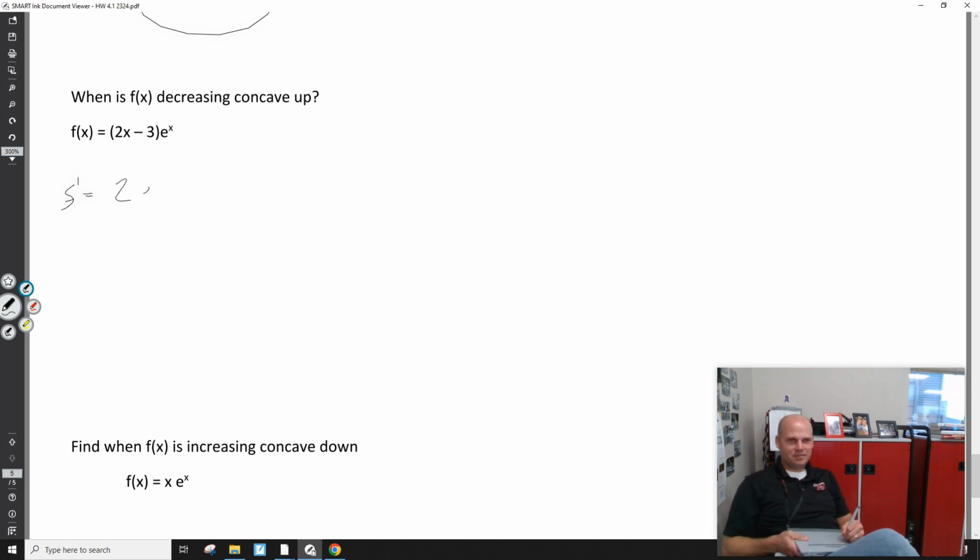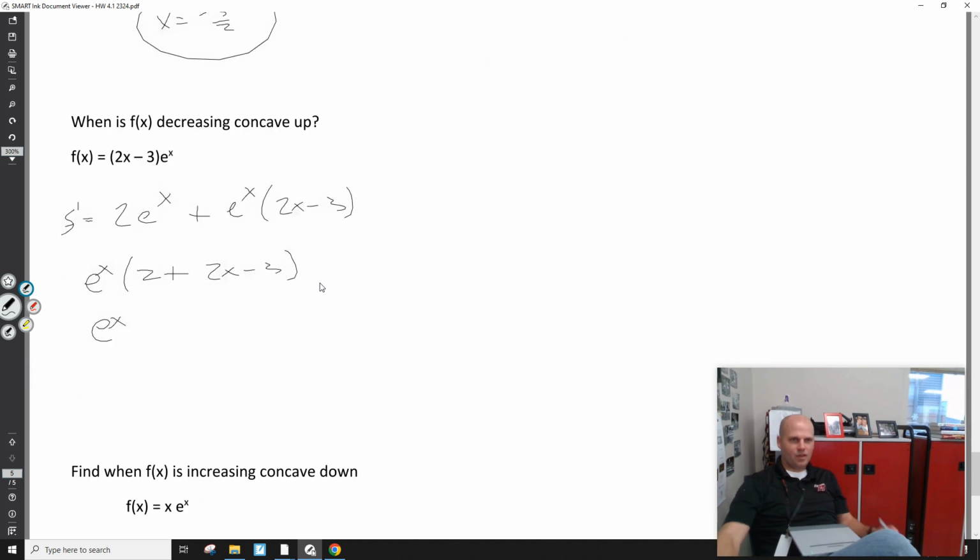All right, well, last two problems, guys. Here we go. Decreasing concave up. Derivative of the first times the second plus derivative of the second times the first. There's f prime. Let's do f double prime.